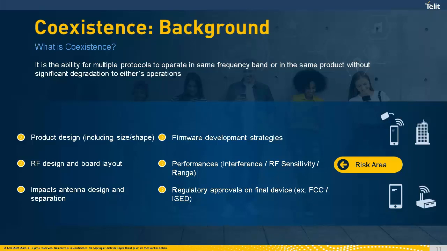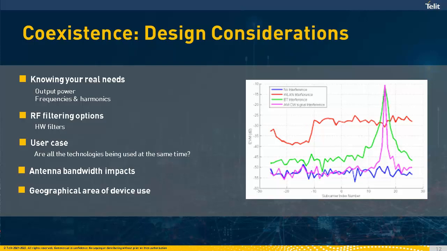I would like, anyway, in this short webinar, to talk a little bit about the performance degradation that could happen if the coexistence of multiple wireless technologies is not planned in advance, and how Telit could help you to reduce those risks.